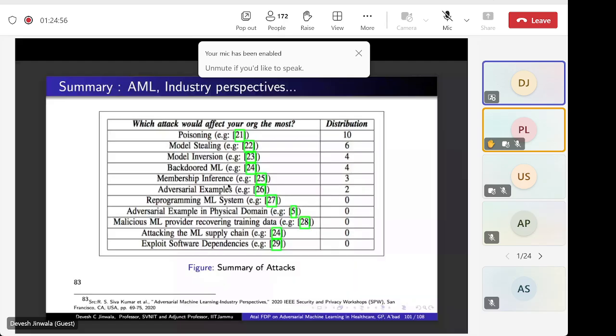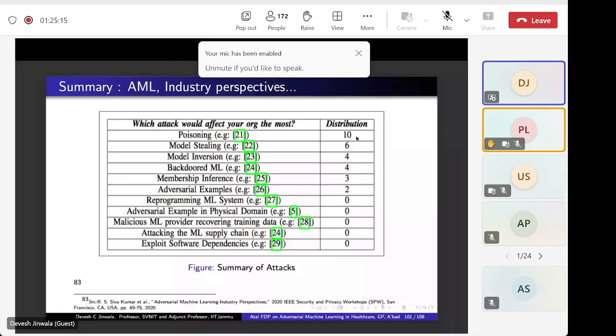I have not talked about all the classifications, but in the paper they are talking about all these different examples of the attack on adversarial modeling, and they are trying to say which attacks have been the most frequent attacks which your organization has experienced. That's why it is industry perspective.